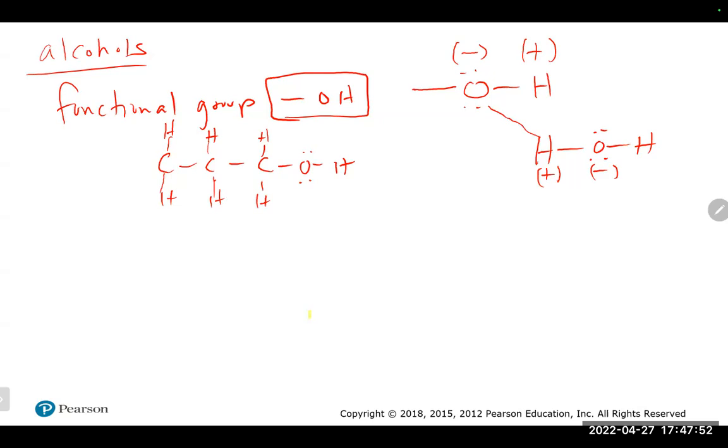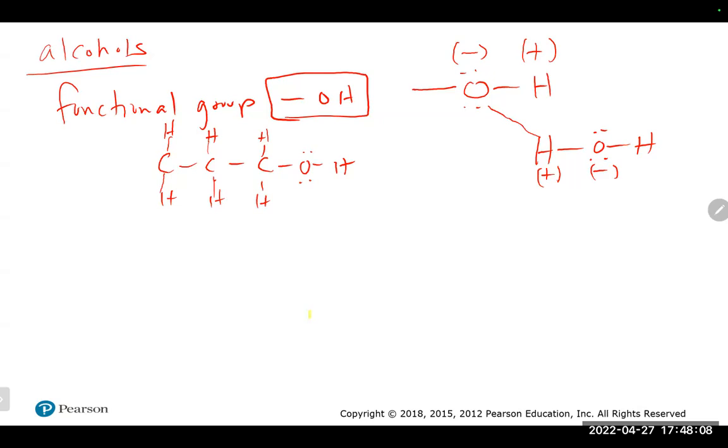Sometimes this is referred to as steric hindrance, which is a fancy way of saying the non-polar part is so big it gets in the way of water interacting with that OH group, so they can't interact well with one another.